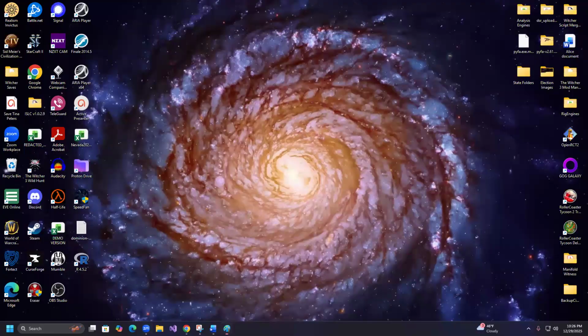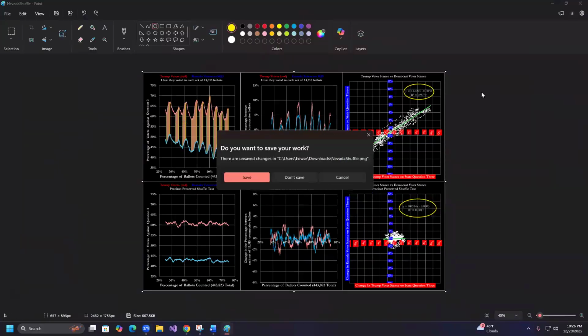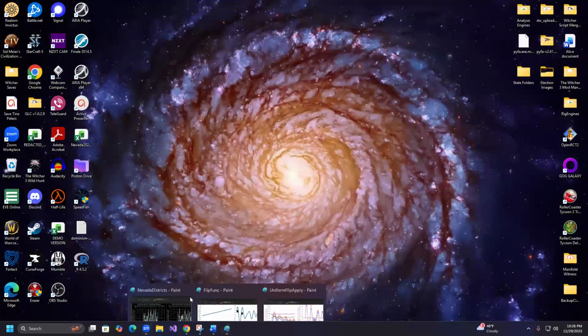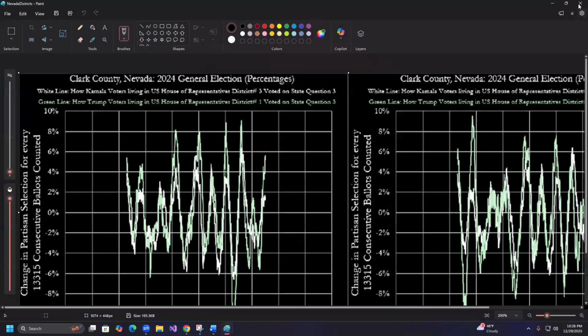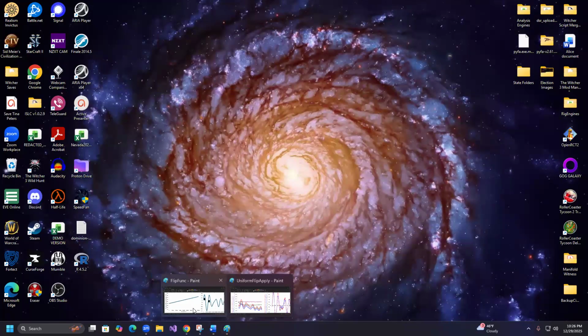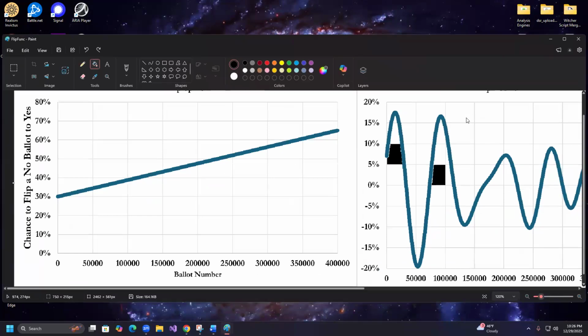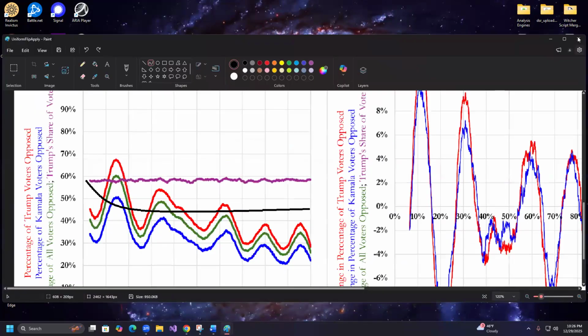There was somebody who wanted to see an example of a fair election. I think maybe they weren't paying too close attention, though, because you had it down there in that one quadrant. Well, yeah, a fair election would just be flat lines.